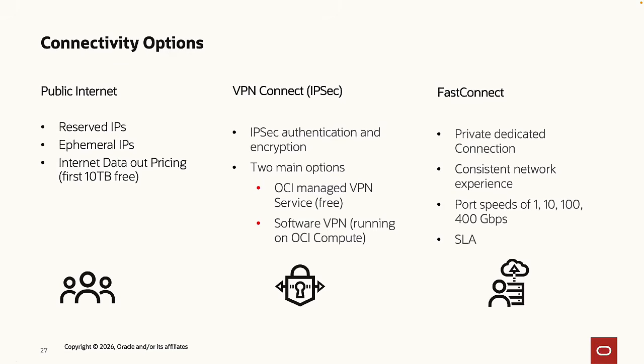The port speeds available are 1, 10, 100, and 400 gigabits per second. And since this is a monthly subscription, you will have unlimited egress and internet data out pricing because they're already included in its entirety. So these are our three connectivity options.